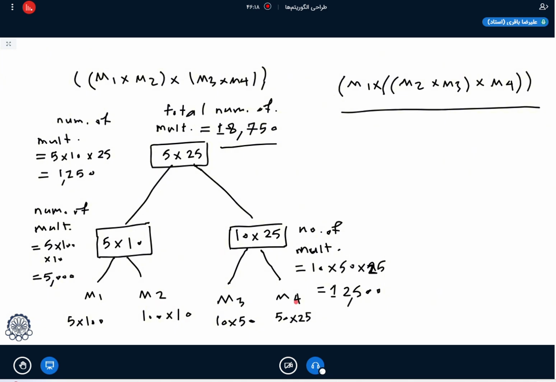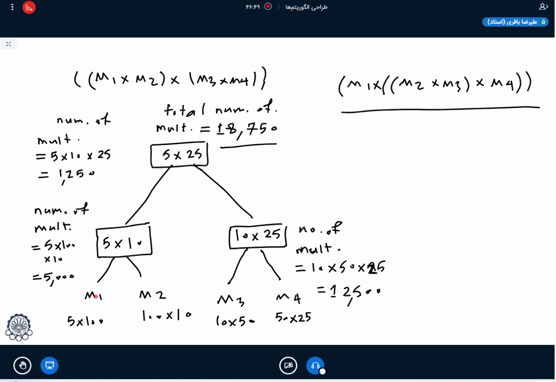In multiplication of M3 and M4, the number of multiplications is 10 multiplied by 50 multiplied by 25. So the number of multiplications is 12,500.